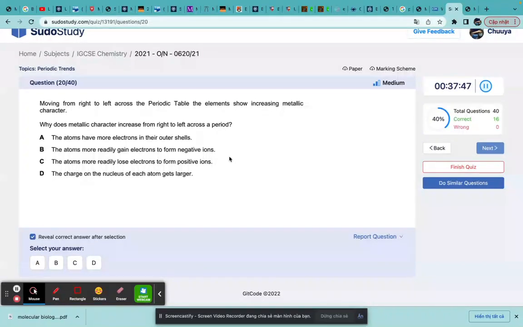Which metallic character increases from right to left across. Increasing metallic character from right to left.